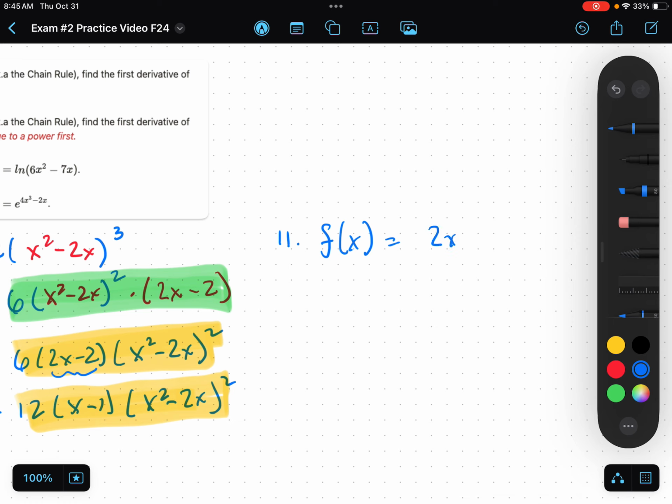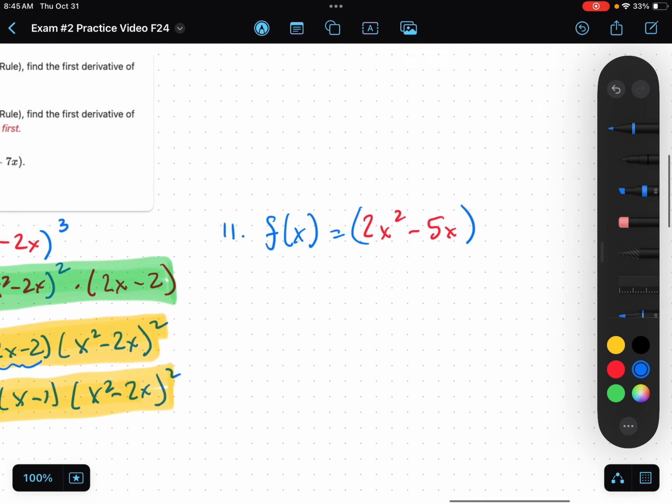And let's write that inside stuff in red. Oh, goodness, I'm having a day. So the function that was plugged in is 2x squared minus 5x. We usually call that g of x, or u, depending on who's teaching you. And then instead of the radical, we're going to raise it to the 1/2 power.